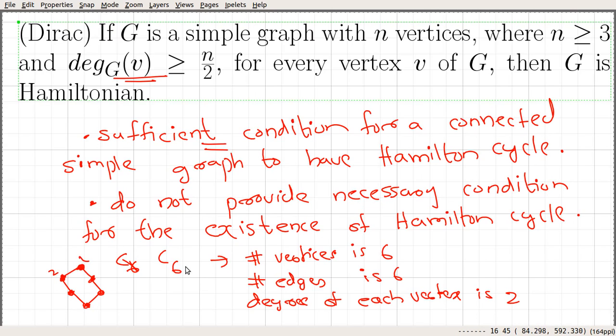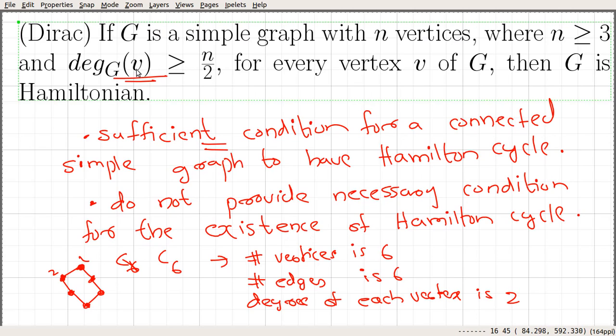Okay, so this C6 is a Hamiltonian graph. C6 contains all 6 vertices, it is a cycle, and each vertex appears exactly once. So C6 is a Hamiltonian graph, and yet it violates the hypothesis of the statement.